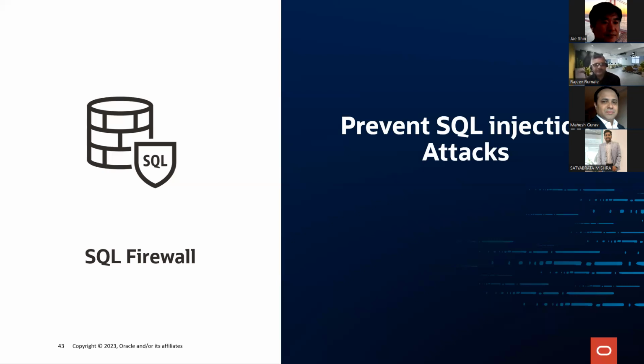The next part is my favorite, that is SQL Firewall. So this is pretty tricky, right? These days hacking is happening, especially if you are a public facing thing like an online shopping or a banking application, right? Your customers or end users are always outside your network.